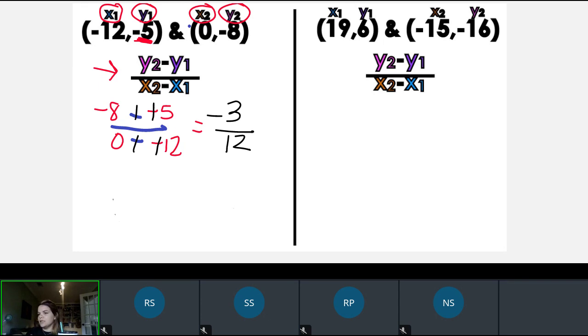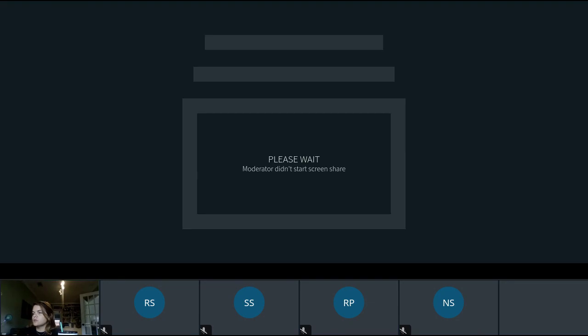If that's confusing, I totally understand that. That's why I wanted you to do that. You can plug that double negative into your calculator. So you can use the little negative sign. So -8 minus -5, and it will tell you that it's -3. Let me just share this real quick.